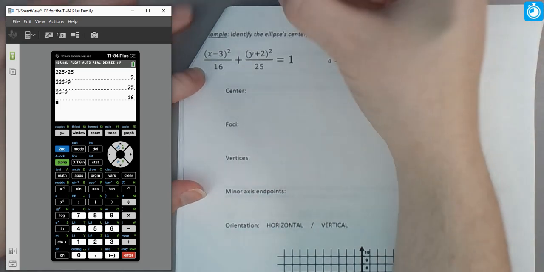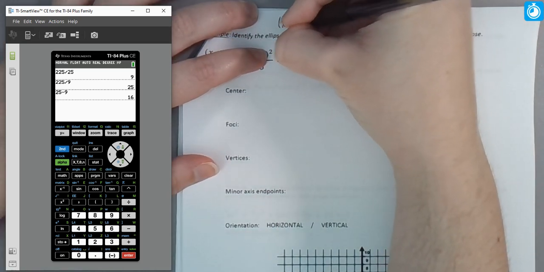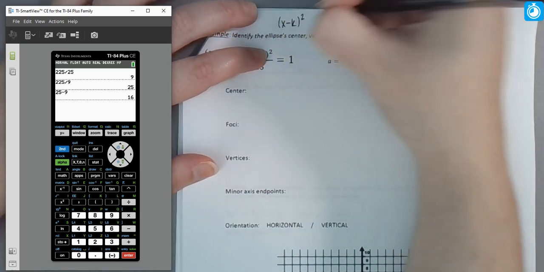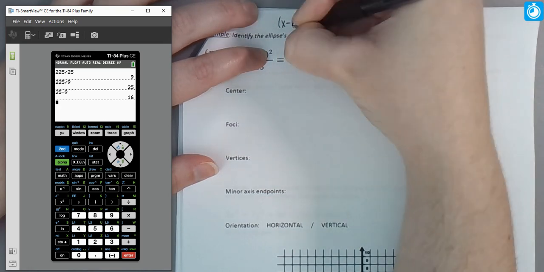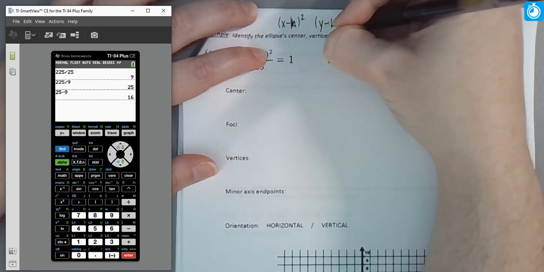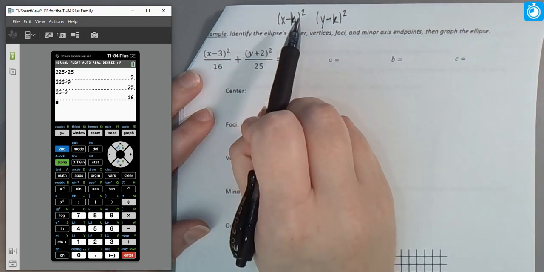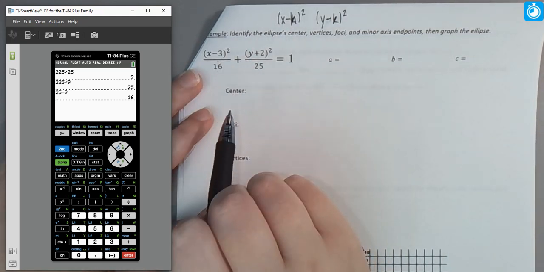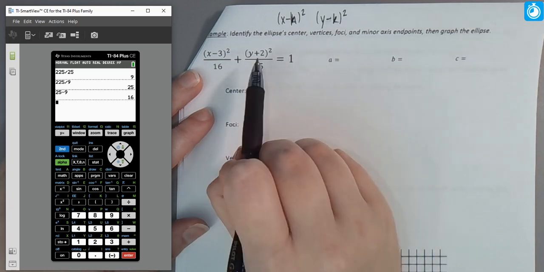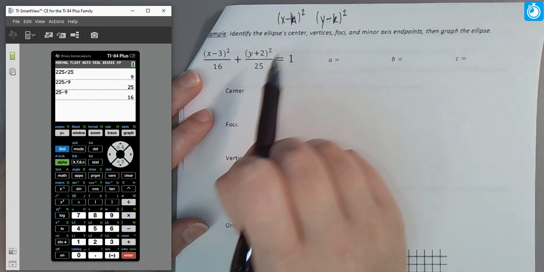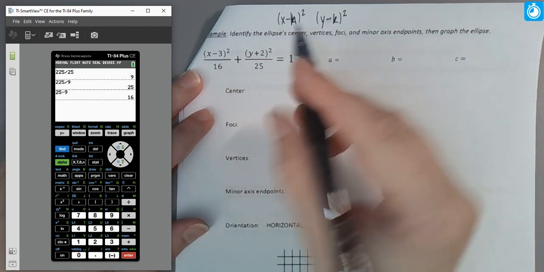So remember, when we look at the standard form, we have x minus h and y minus k. We have subtraction as part of our terms. So the actual value being subtracted is considered to be positive, whereas in this case where we have an addition, that would be subtraction of a negative.